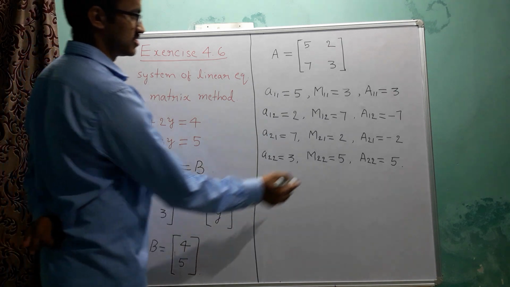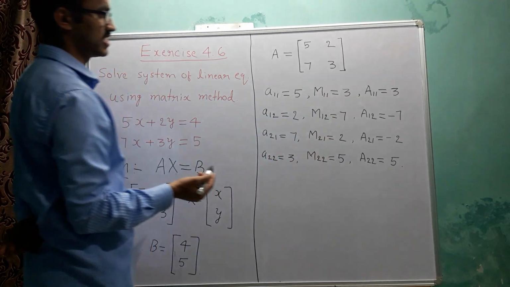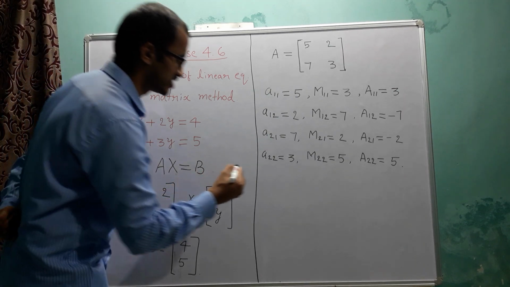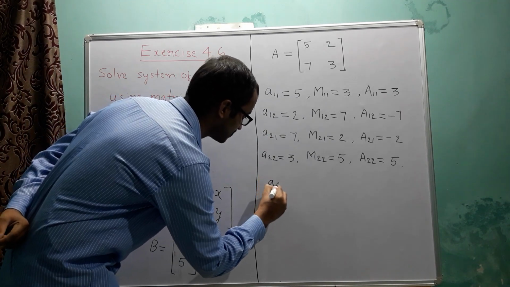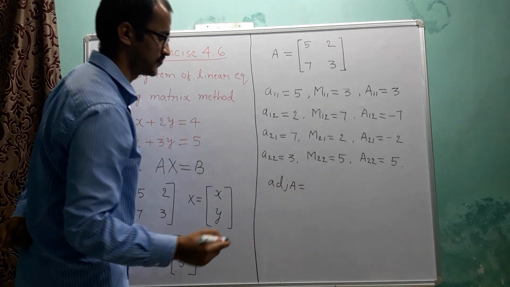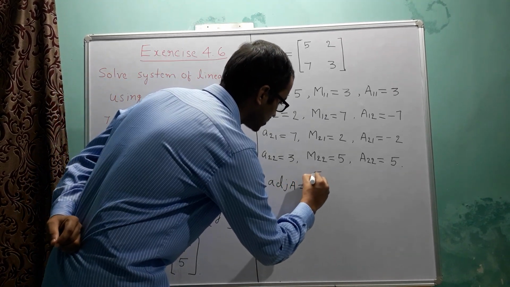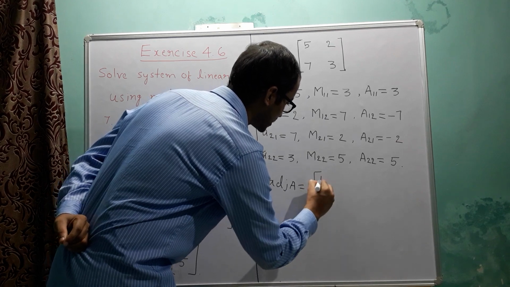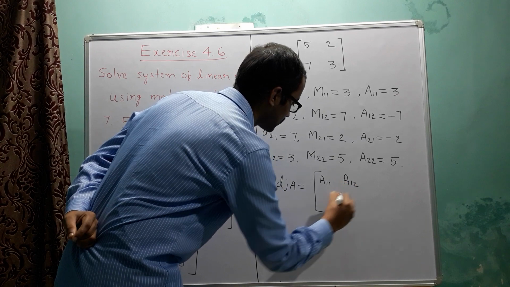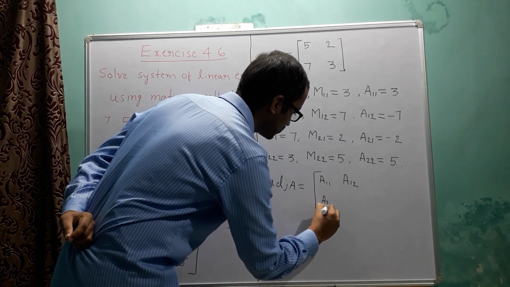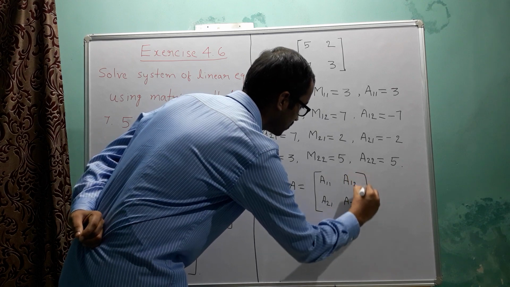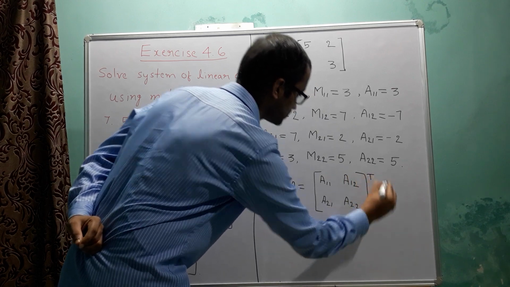So we got the cofactors A11, A12, A21, A22. So adjoint of A is equal to the transpose of the cofactor matrix, that is A11, A12, A21, A22, transpose.